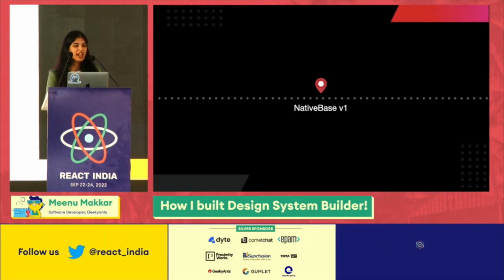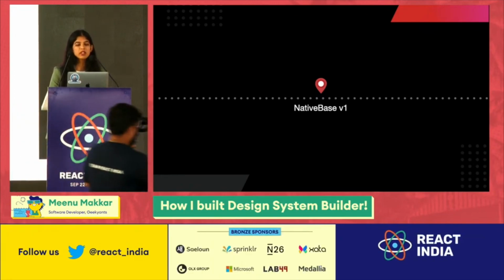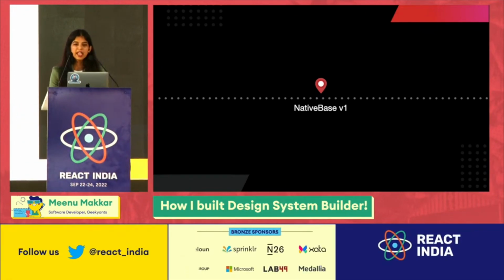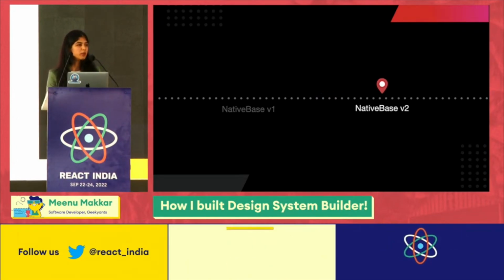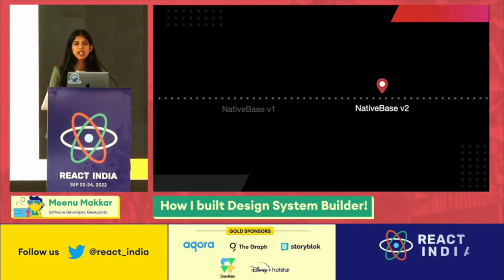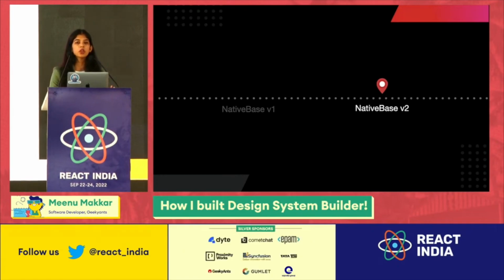It all started with NativeBase version 1. That was a very simple component library which didn't have any theming or any option to customize the components. Then came V2 with the main focus that components are easy to theme with very few modifications.